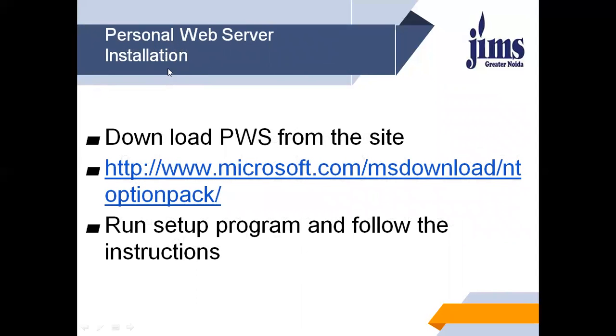You can download PWS from the given link, www.microsoft.com, ms-download, nt option pack. Then you run the setup program and follow all the instructions as we saw in the installation of Apache web server, and then your PWS will be installed.